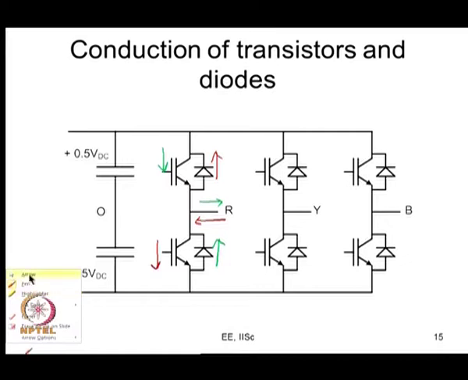So, which one will conduct? Whenever the current is in this direction and the top gating signal is high, this will conduct. Whenever the current is in this direction and the top gating signal is low, this will conduct.